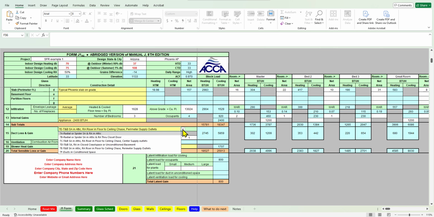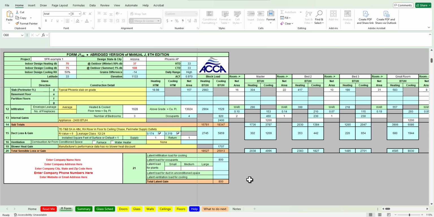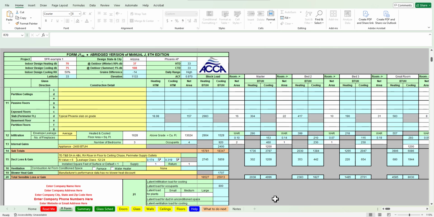Is the crawl space open to the environment like that picture I showed before, or is it somewhat enclosed? All of these details do matter. The R value, meaning the insulation value on the ducting, of course, that matters. Perhaps I'll do that either in a part 3 of this video, or in a follow-up video.